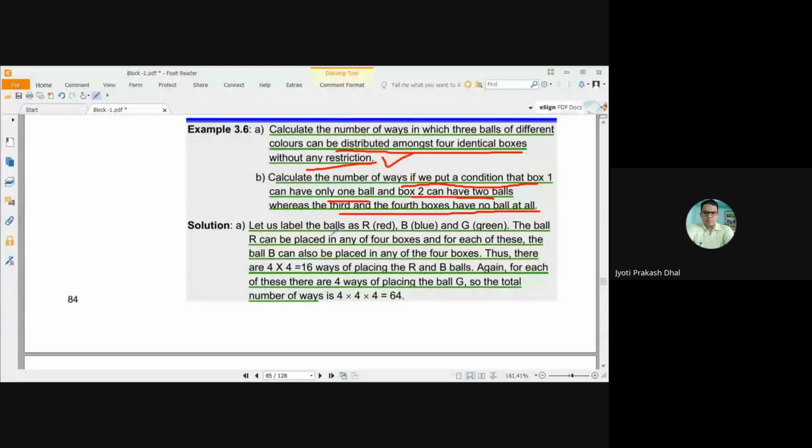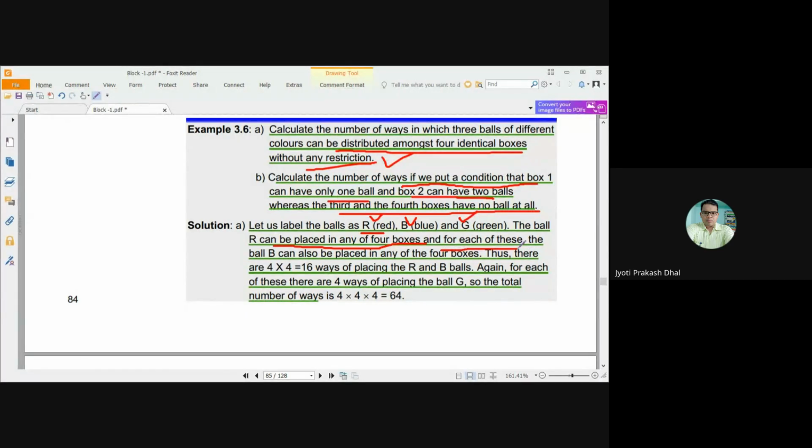Let us label the balls. We have three balls of different colors, so the three balls are red, blue, and green. The ball R can be placed in any of the four boxes.